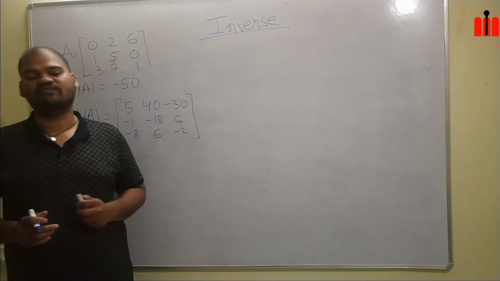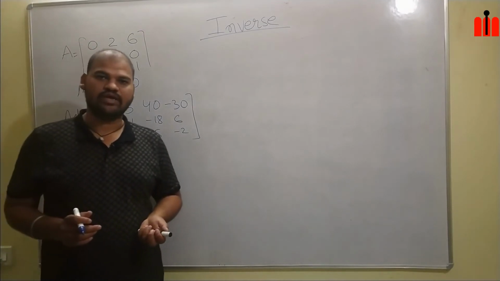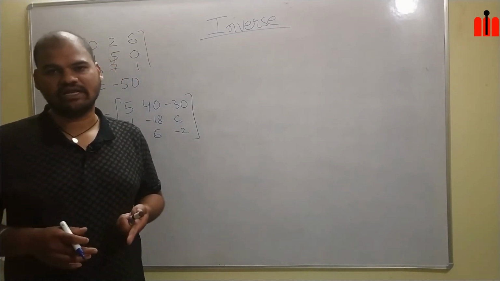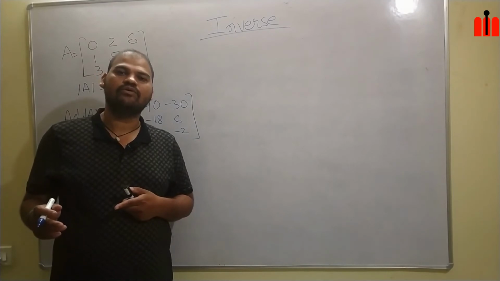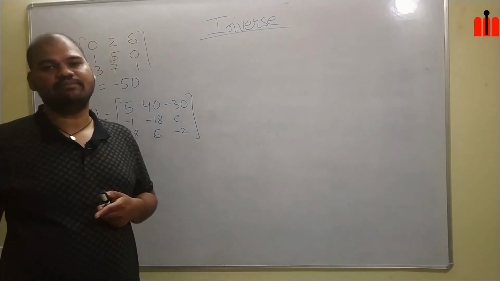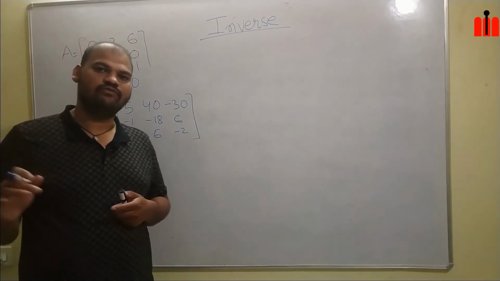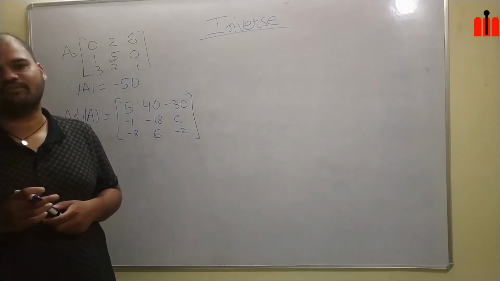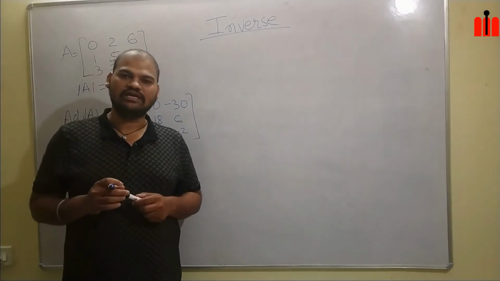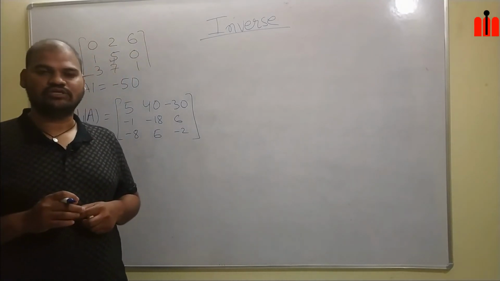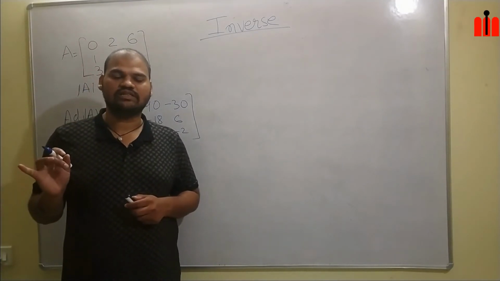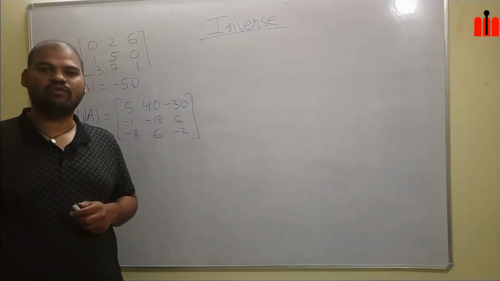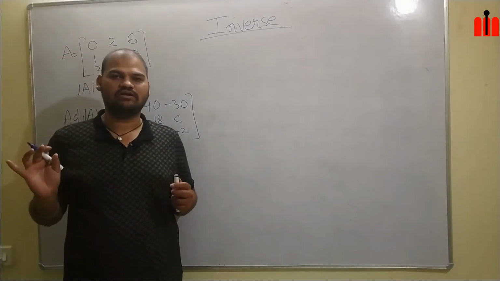In a similar way, for matrices, if the product of two matrices gives an identity matrix, then... We will discuss in detail what an identity matrix is in our types of matrices, but right now just think that the identity matrix is equivalent to 1 in our numbers.